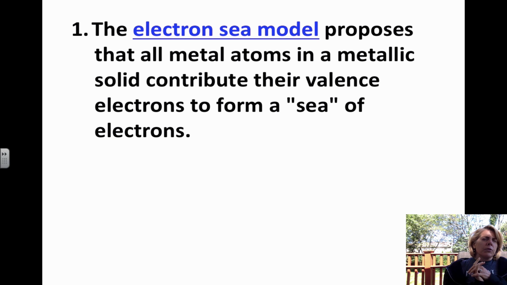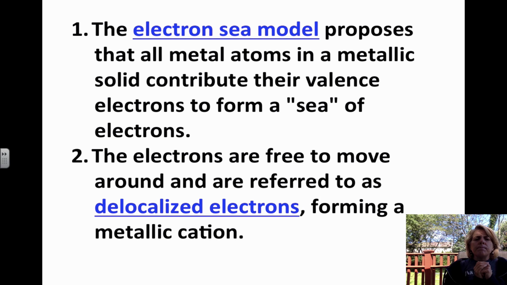The way we try to describe metals, especially when we're looking at conduction of electricity, what chemists have decided is that the metal atoms, the reason why they're malleable is they have this sea of electrons, and this sea of electrons can be shared throughout a large area of atoms, and that's what keeps the metals from retaining their bond with each other.